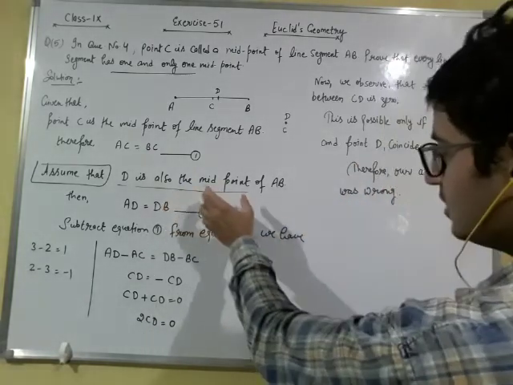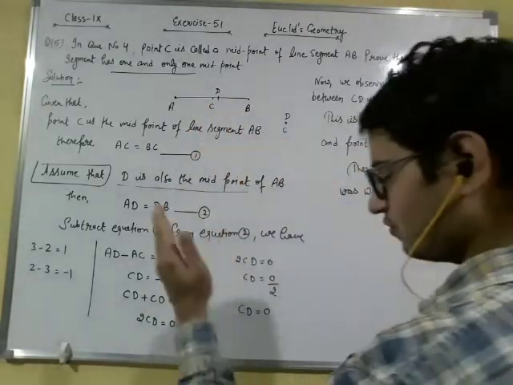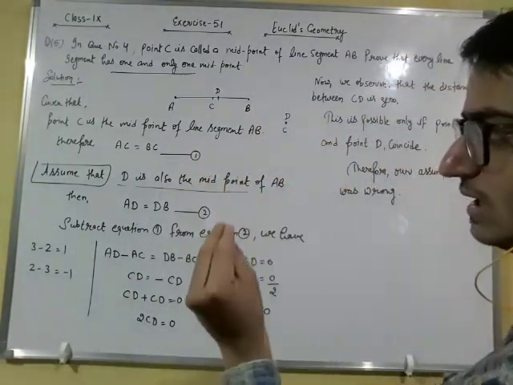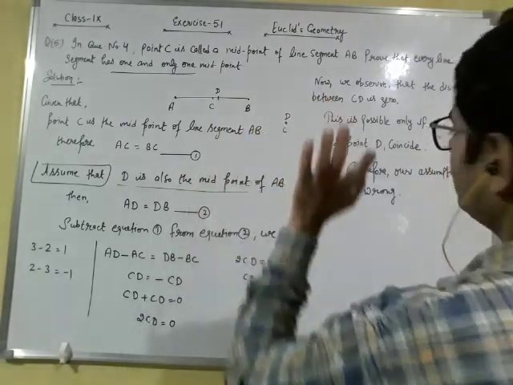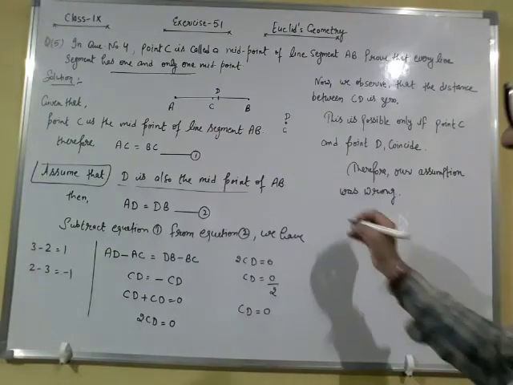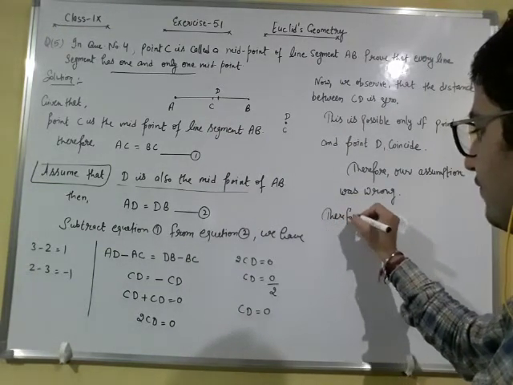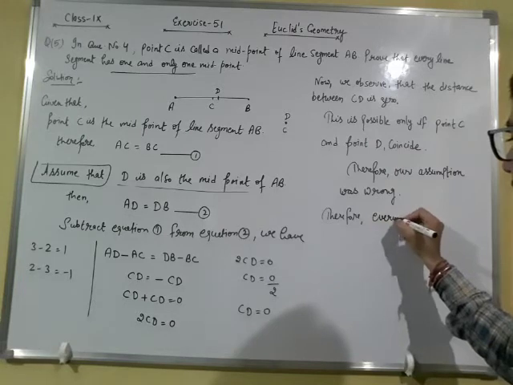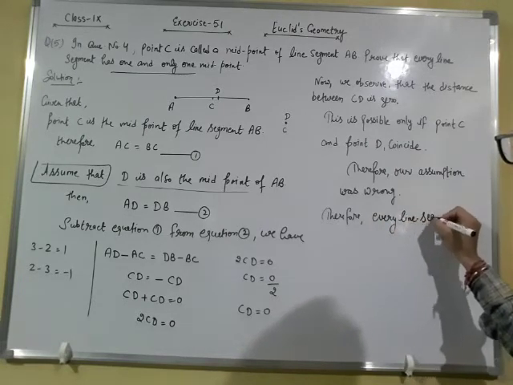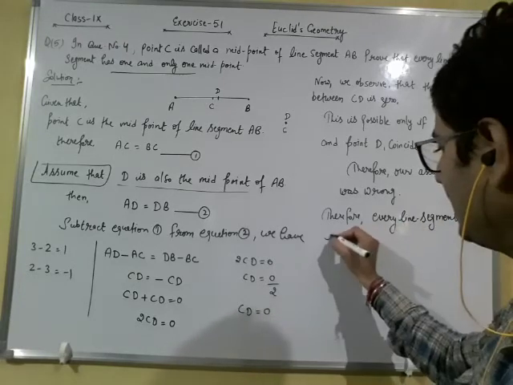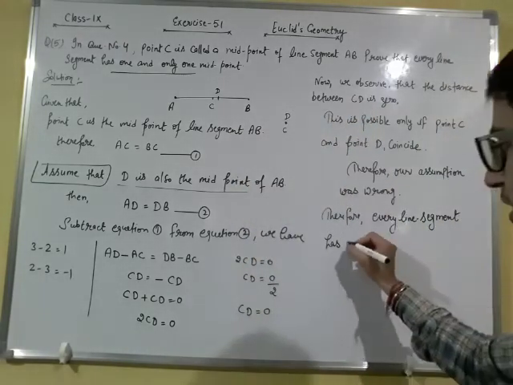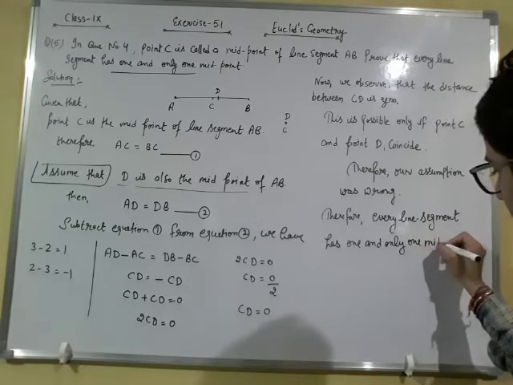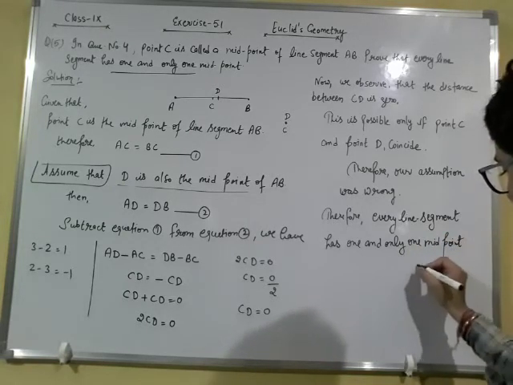So there is no significance of point D. There is one and only one midpoint, that is C. Therefore, every line segment has one and only one midpoint. Hence proved.